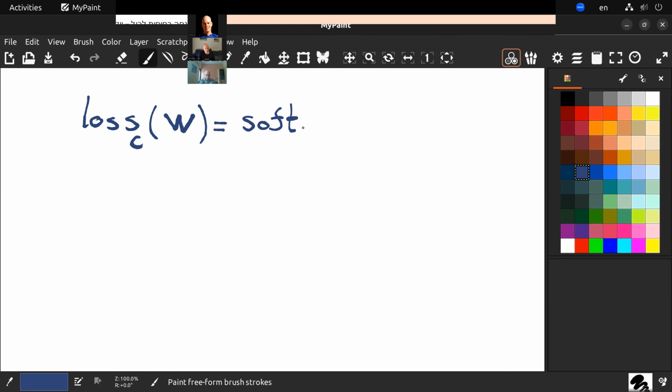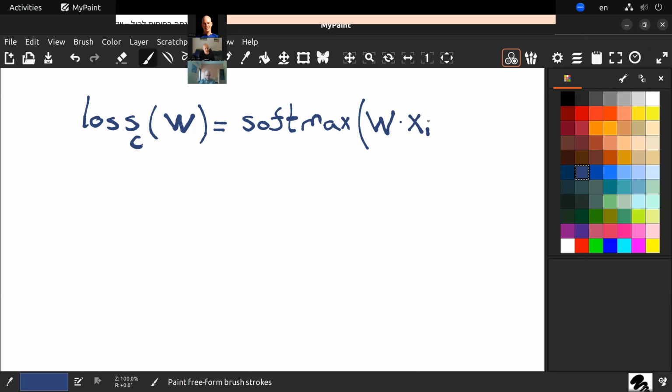Softmax is a normalization of exponent, right? Softmax of a linear function of W, which is the matrix, multiplied by our vector.